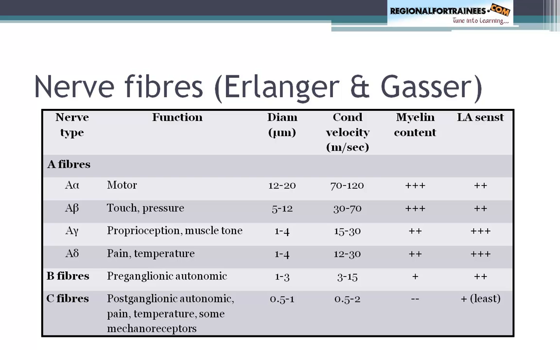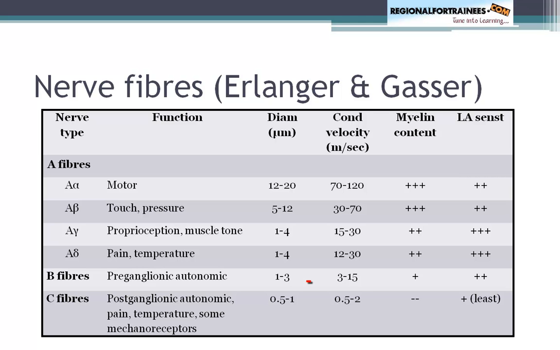You can expect that the thickest nerve fiber would need to have the maximum conduction velocity. And not surprisingly, you find that the thickest nerve fiber, which is A alpha, has the highest conduction velocity. And interestingly, the myelin content is also the highest. And these are exemplified by the motor nerve fibers.